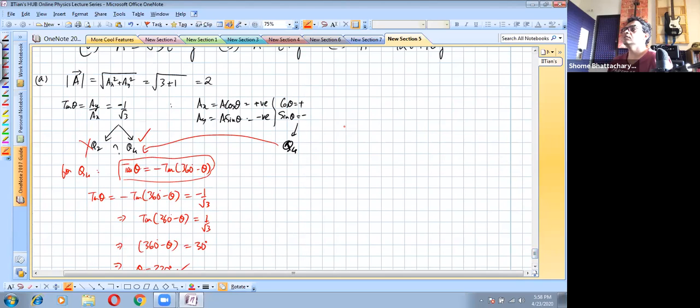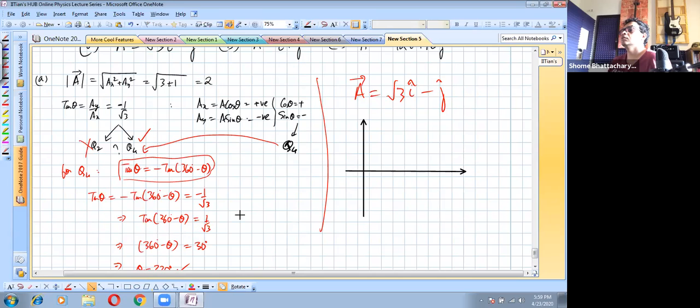So my vector, which was root 3 i cap minus j cap, if I think of it in terms of how it's looking in the coordinate frame, with respect to my standard Cartesian coordinate system, the vector has an x component which is positive and root 3. So your AX is like that, and it has a y component which is minus 1.